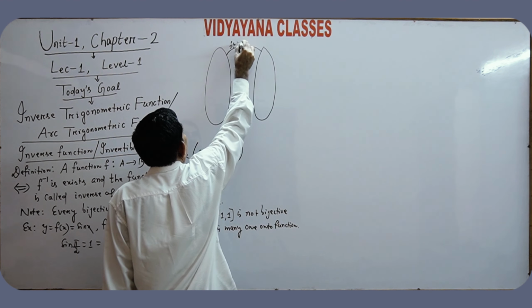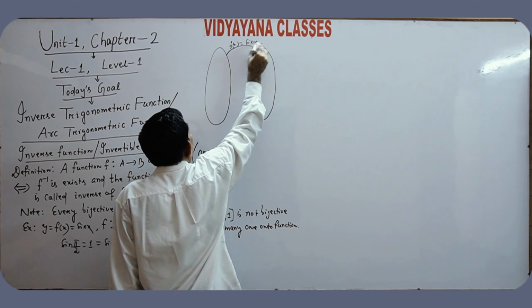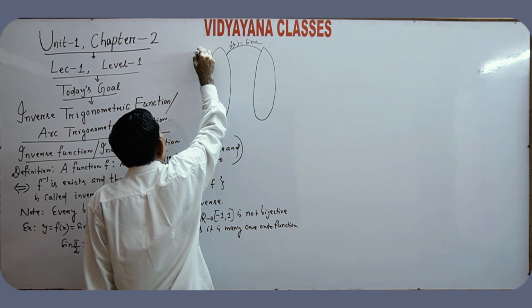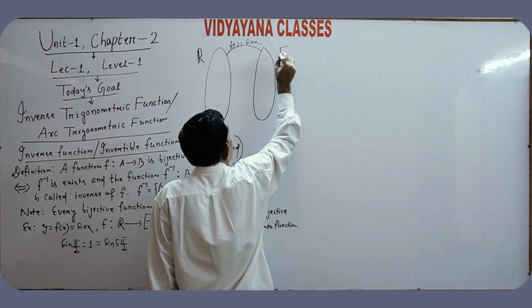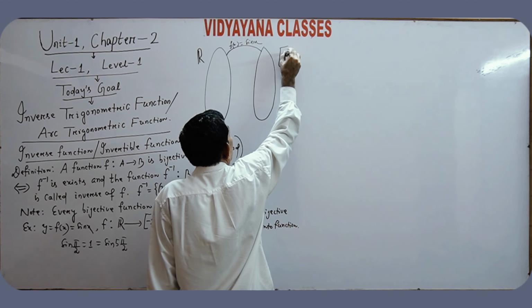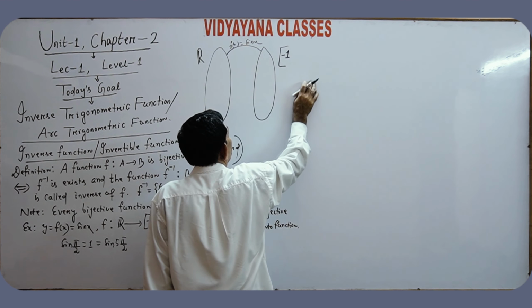Here f(x) is equal to sin x. The domain is the set of real numbers, and the codomain is the set containing the elements from minus 1 to 1, that is, the closed interval [-1, 1].